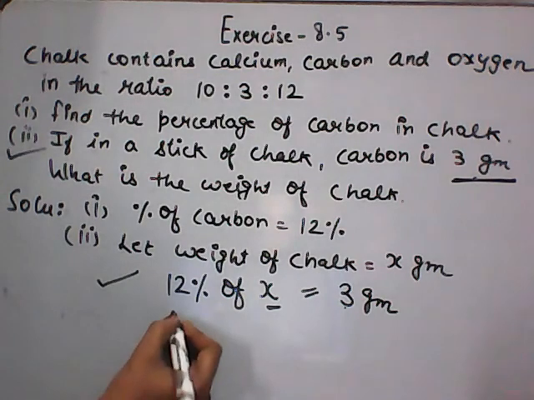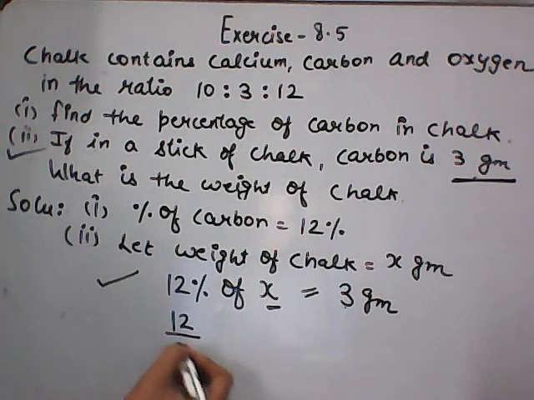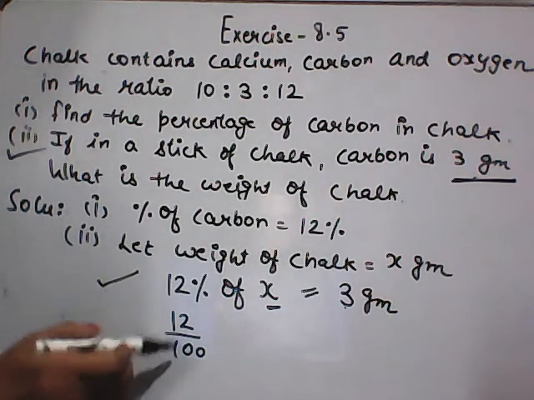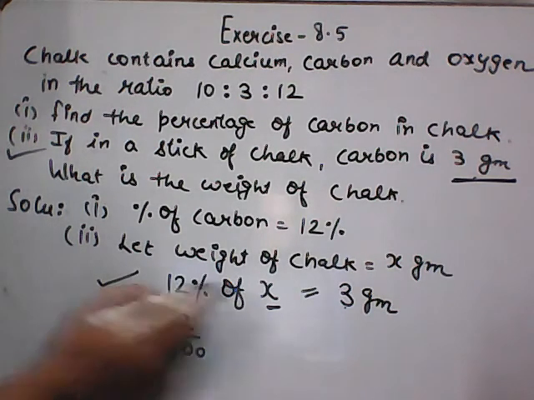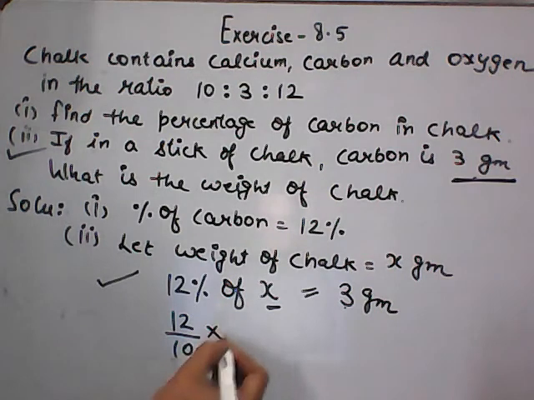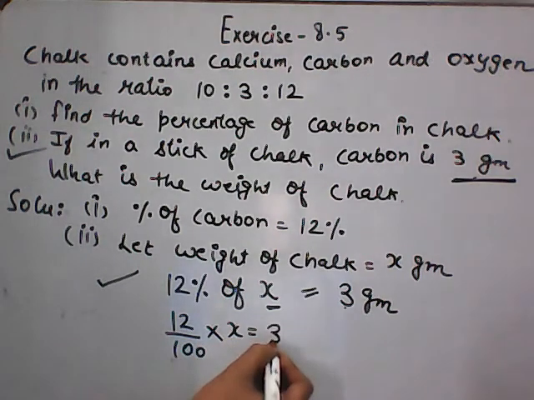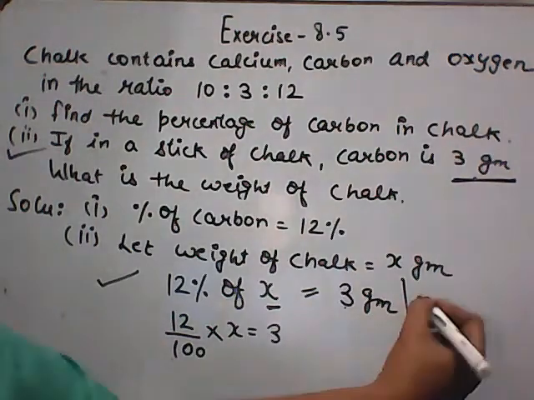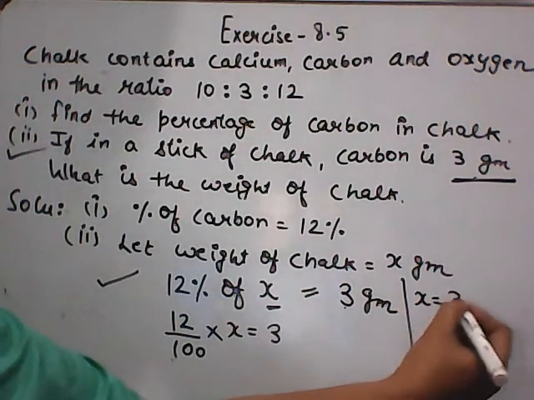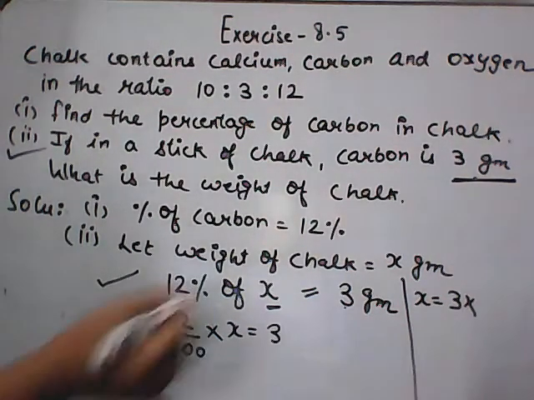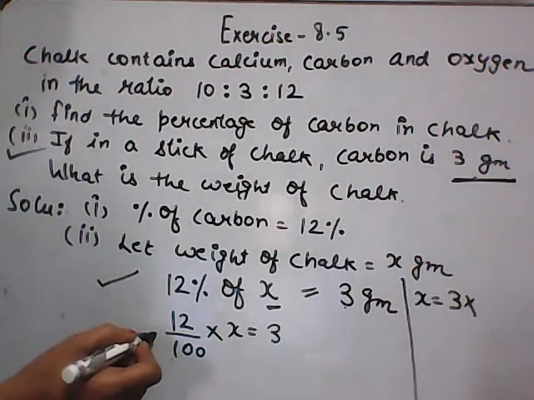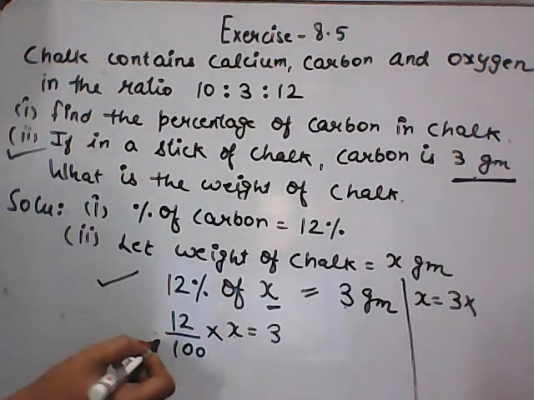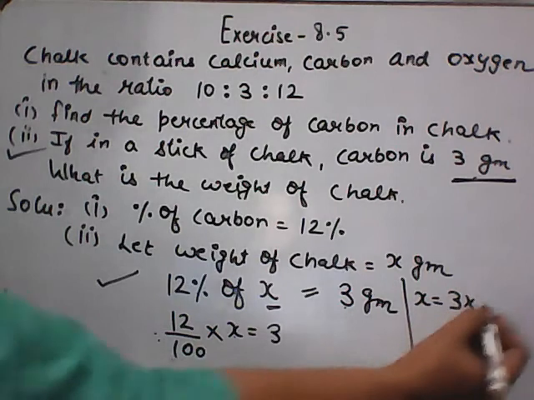Now, we can calculate. 12% can be written as a fraction 12 divided by 100. We just divide it by 100 and remove the percentage symbol. Of means multiply, so 12/100 x = 3. We can calculate the value of x. x is equal to 3 times 100 by 12. When it goes from the left hand side to the right hand side, it becomes a reciprocal.